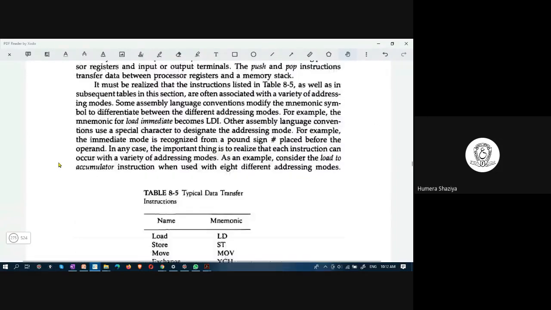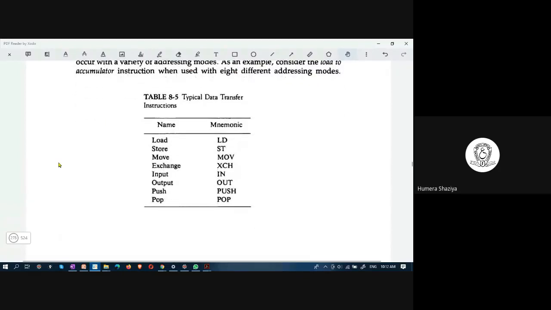Well, let us discuss. Load, LOAD, load is the name. Here, the mnemonic uses LD. Which mnemonic was used in the previous chapter for loading? Well, it is LDA. For store, STA. Push, pop, we used push and pop.